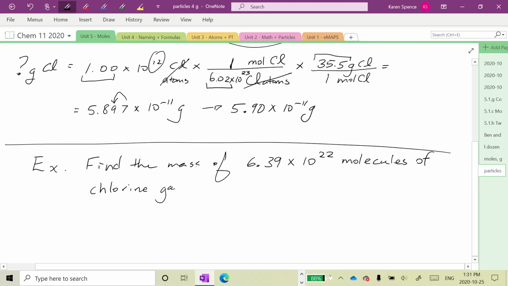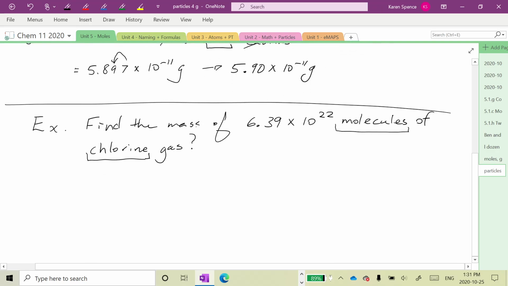And I chose chlorine here specifically because we had just dealt with chlorine atoms. But now we're dealing with chlorine gas. And chlorine gas is made of chlorine molecules. So anytime you just read chlorine, if it doesn't say chlorine atoms, you can assume that they mean chlorine molecules. And chlorine is one of our diatomic elements.